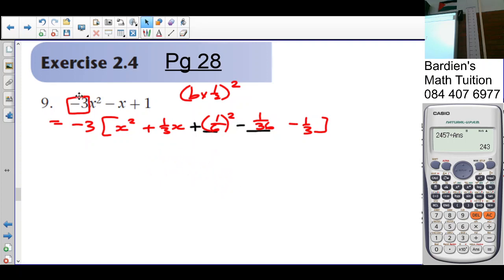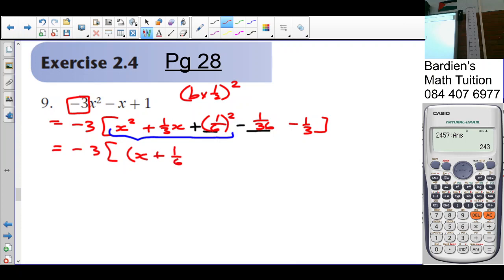Okay. So here's our perfect square trinomial. So what do we have now? Negative 3 into x plus 1 over 6 squared minus 36 is going to give you 12. Should be 13 over 36. Negative 1 over 36 minus a third.